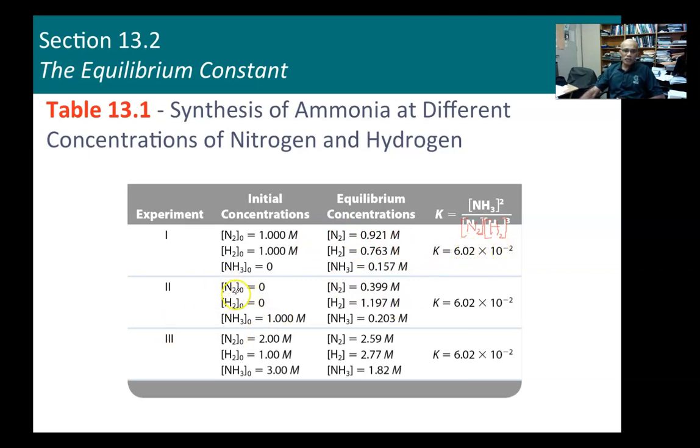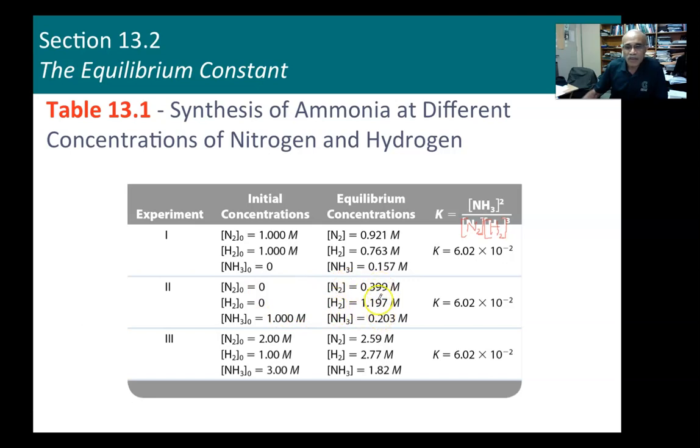Now let's look at experiment number 2. Here you start with 0 of the reactants, no amount of nitrogen, no amount of hydrogen, 0 and 0, and you start with 1 molar of ammonia. So in other words, the concentration of ammonia at the start is 1 and the other 2 are 0. Again, let the system come to an equilibrium.